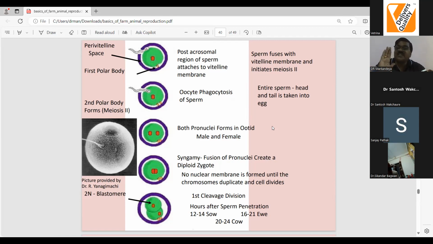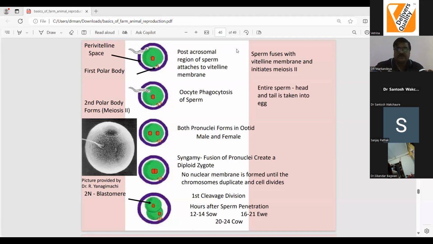That immunosuppression is brought about, and it is responsible for maternal recognition, for implantation, and for continuation of pregnancy in the females. So friends, conception is a very complicated type of process.